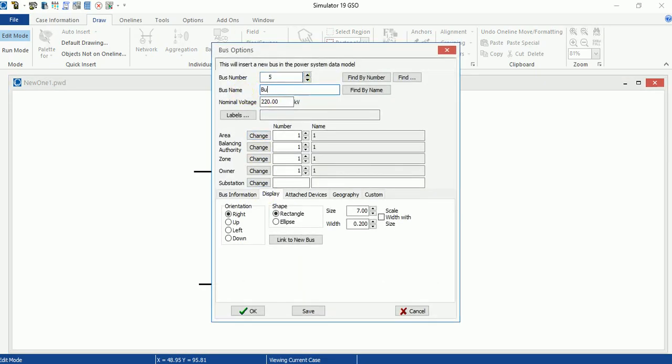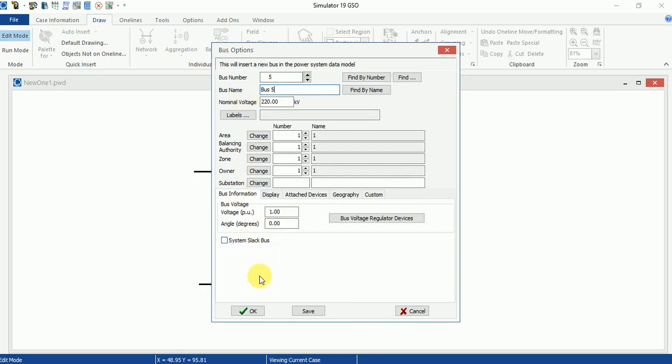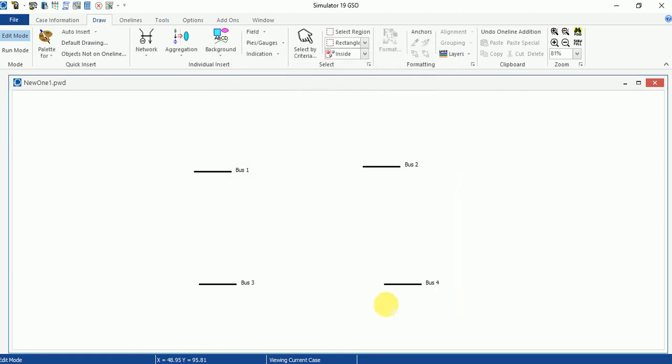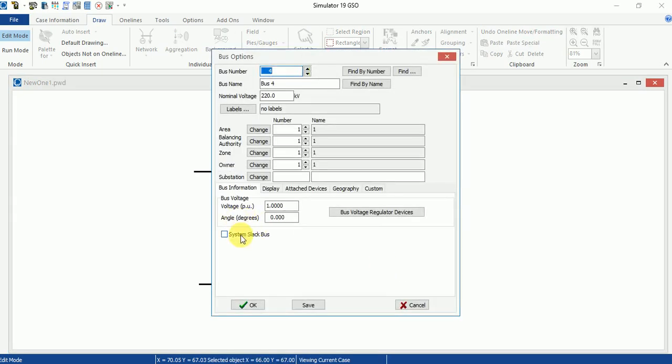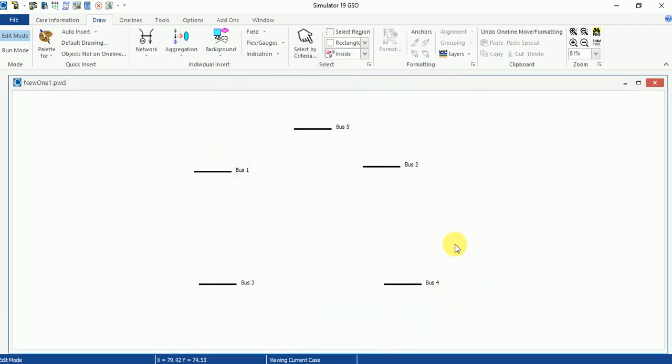Rename it as bus number 5. Since our bus number 4 is the slack bus, we must select bus number 4 and tick the system slack bus. Click OK. Now the bus bars have been completed.